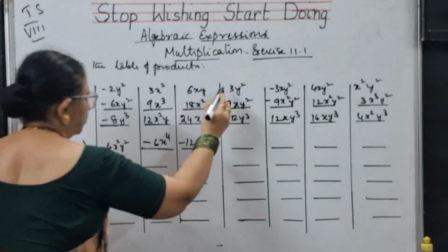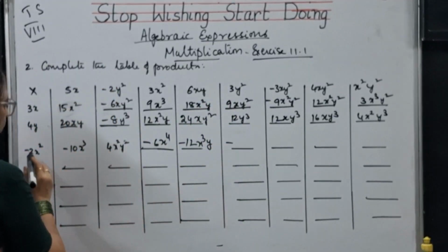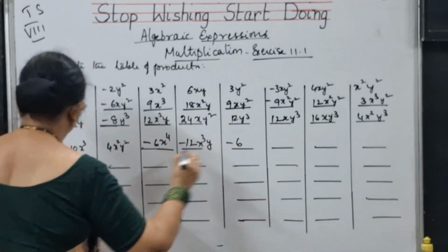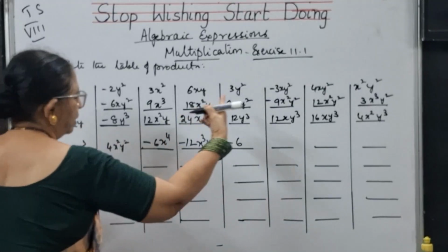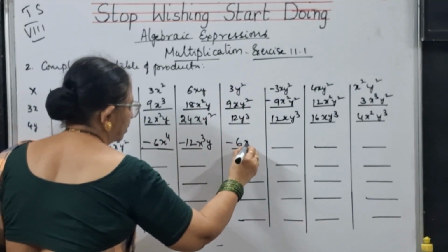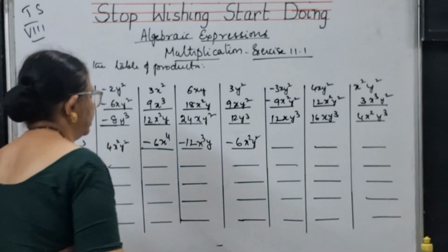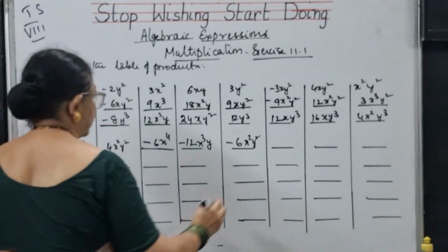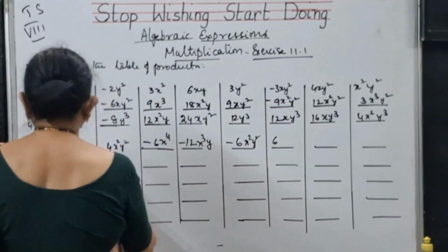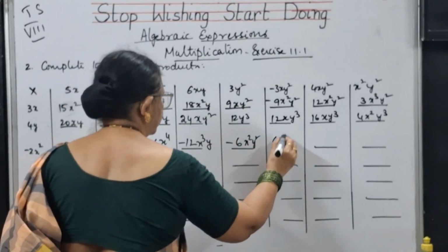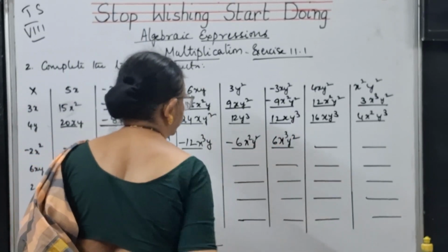Again, minus into plus, minus 2 into 3 6, x square into y square. Same, x square, y square. Again, minus into minus plus, 2 3s are 6, x into x square, x cube, y square.